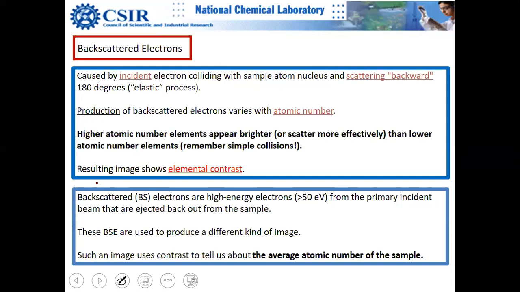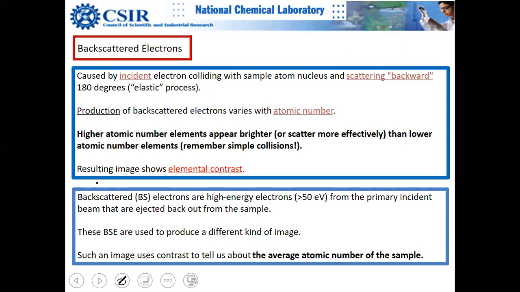But mixing both is not a good idea because either of the information will be masked by the other one. The second difference is that the resolution of a secondary electron image is always higher than that of backscattered electrons. The logic behind that is very simple: the interaction volume becomes bigger because backscatter electrons are higher in energy, so they carry information from the deeper level. That's the reason the resolution gets worse for backscatter electrons.